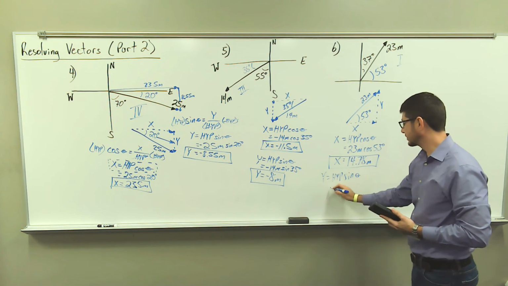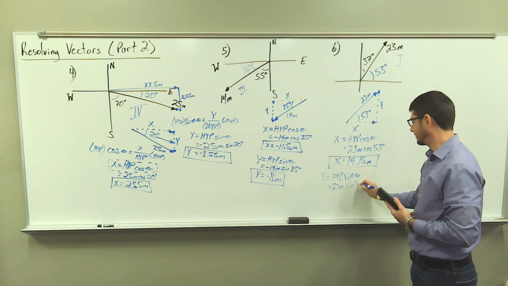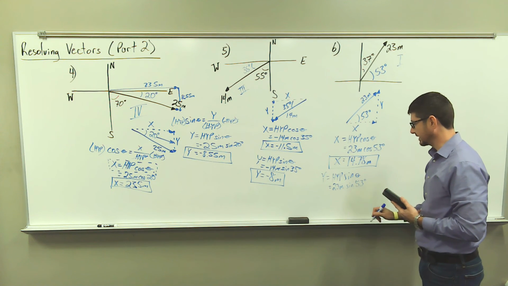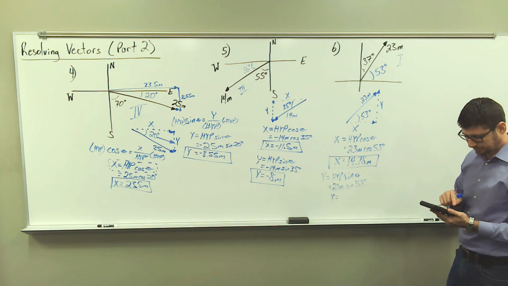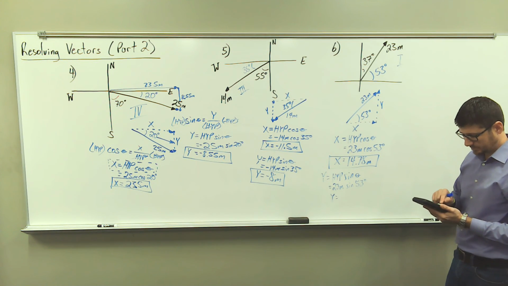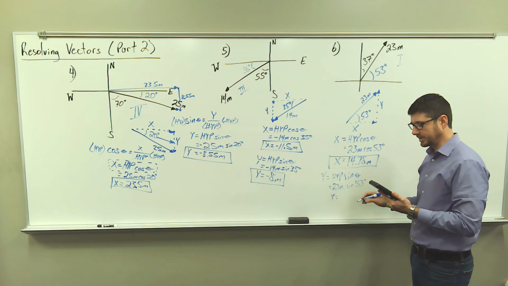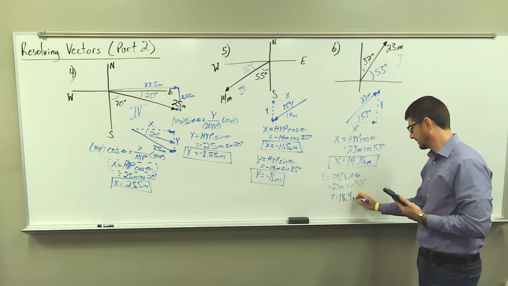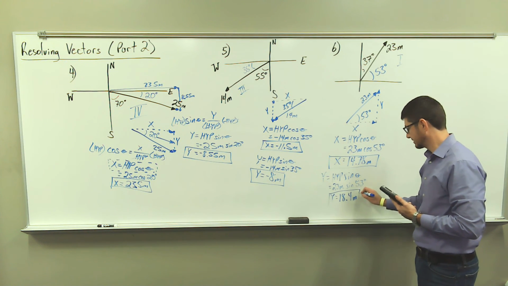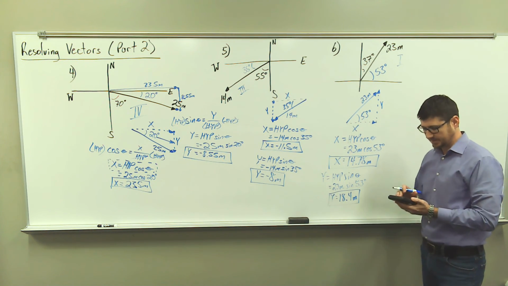So positive 23 meters times sine of 53 degrees. So the y component is going to be 18.4 meters. So don't forget to include your units on there.